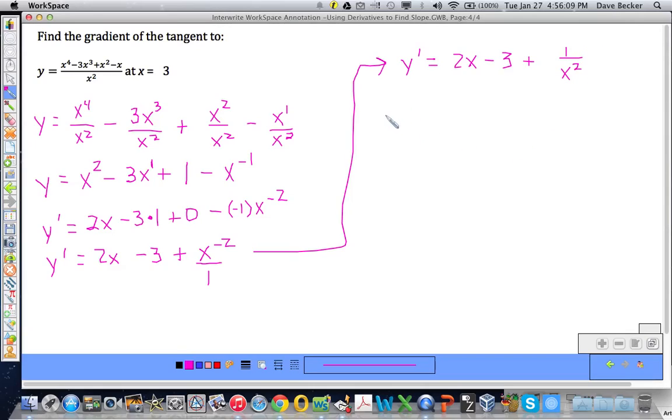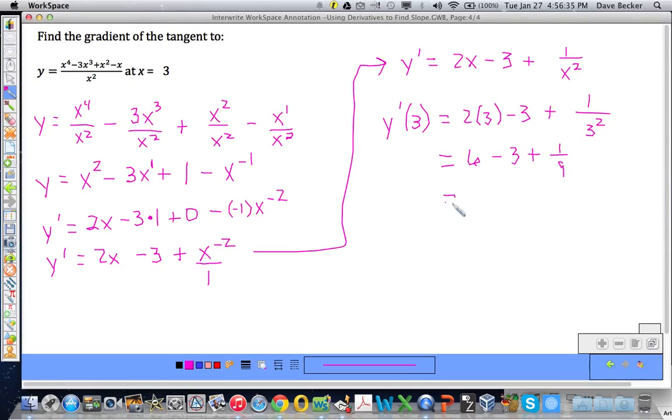So now I need to find y prime of 3. Easy peasy pumpkin pie. So that would be 2 times 3 minus 3 plus 1 over 3 squared. Wherever I see an x, I replace it with a 3. So this is 6 minus 3 plus 1 over 9.